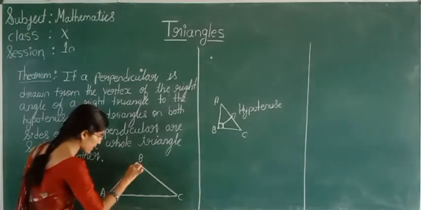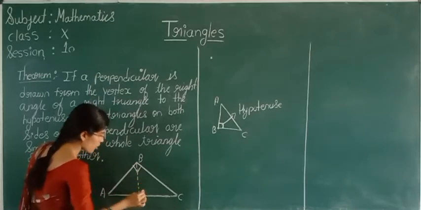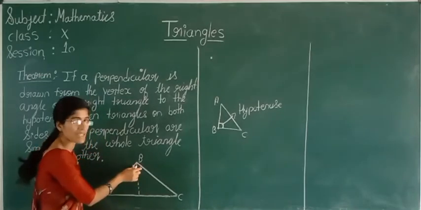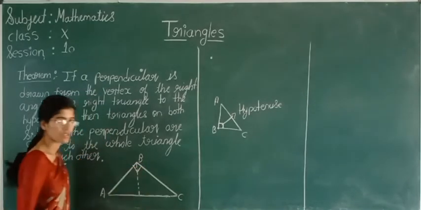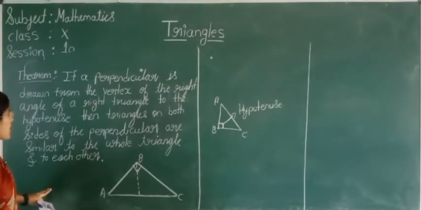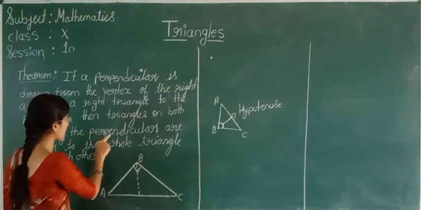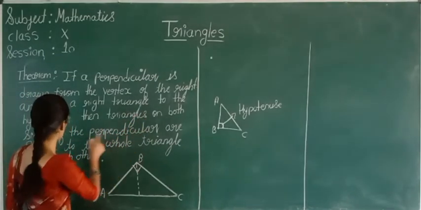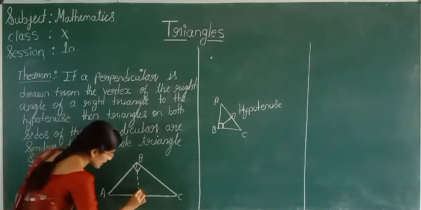If a perpendicular is drawn from the vertex of the right angle to the hypotenuse, then triangles on both sides of the perpendicular are similar to the whole triangle and to each other.